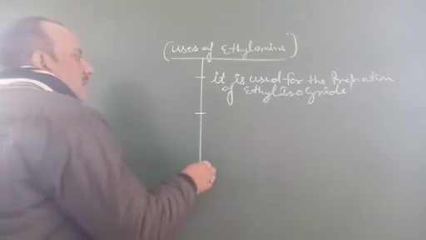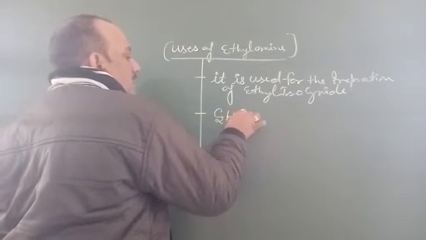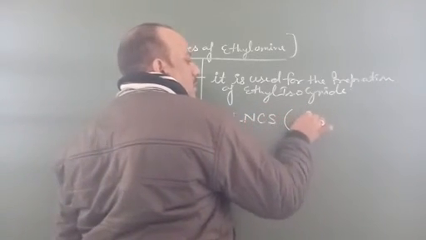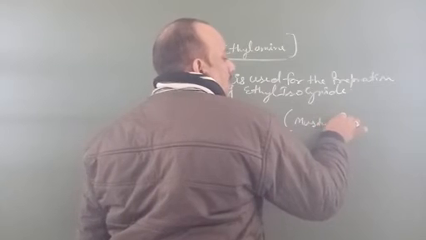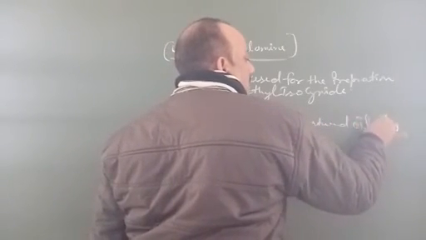Second, the formation of ethyl isothiocyanate, C2H5NCS, also known as the mustard oil reaction product.